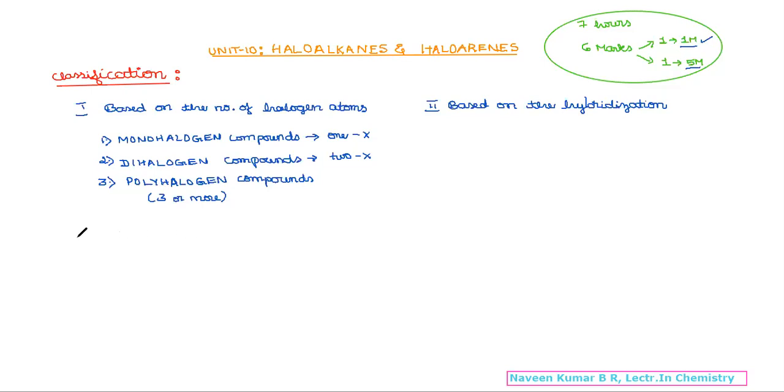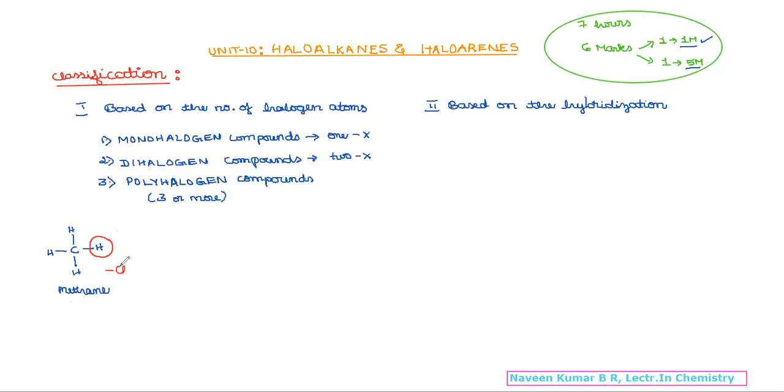Now, let us take a simple example to understand this. We'll take a simple alkane. We know that carbon shows valency 4, a tetravalent form. A simple alkane is carbon bonded with 4 hydrogens, which is called methane. Now, in methane, one of the hydrogen atoms is replaced by a halogen.